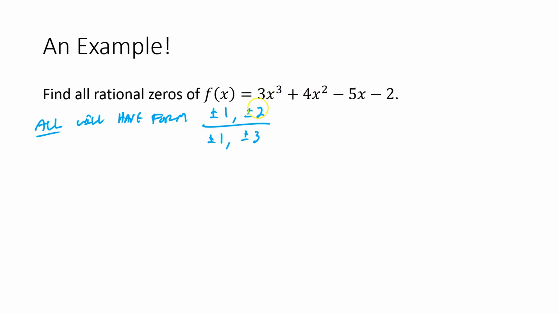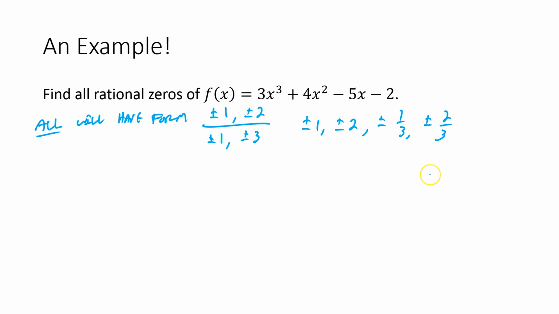So now I always list out all the potential roots. If you don't, then you'll probably miss one. So I always do the easy ones first, right? So 1 over 1 could be plus or minus 1. 2 over 1 could be plus or minus 2. So I always list out the integers first. I think it's easier that way. Or it could be plus or minus 1/3. Or it could be plus or minus 2/3.